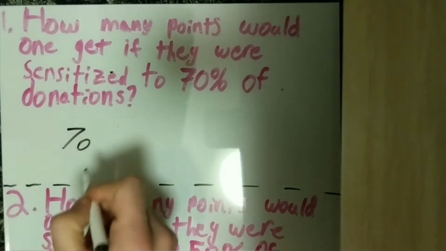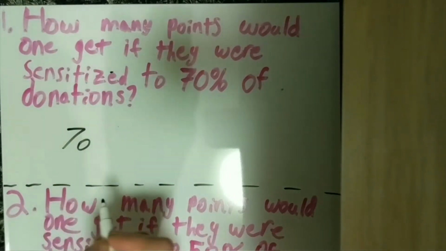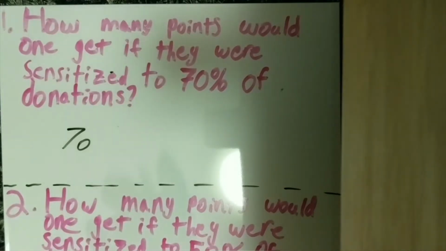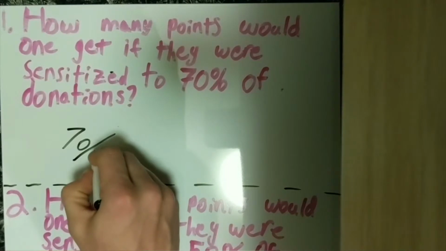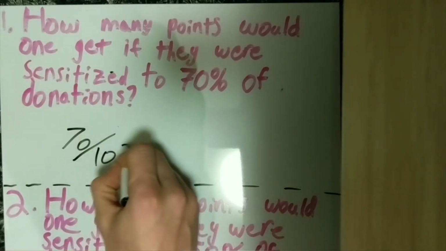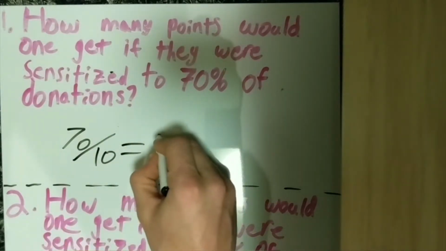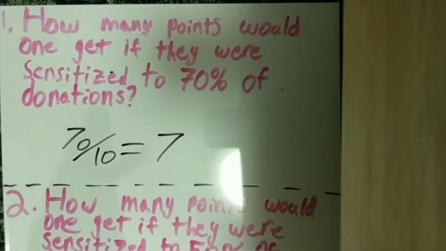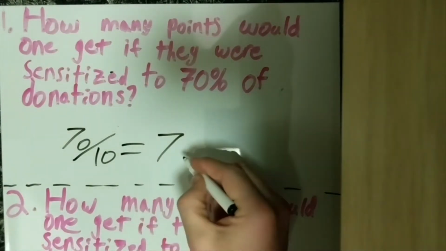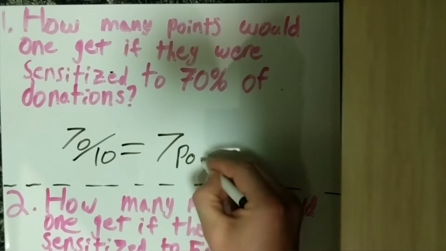In order to find how many points that this person gets, you need to divide your percentage by 10. So divide 70 by 10. This will give you 7. So in this situation, the person would get 7 points.